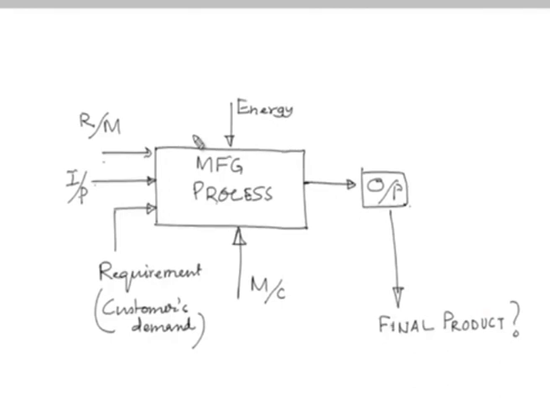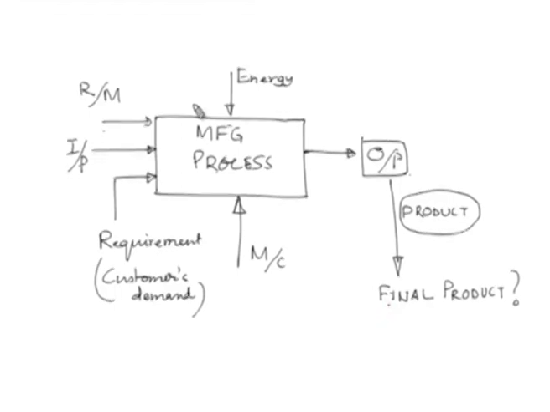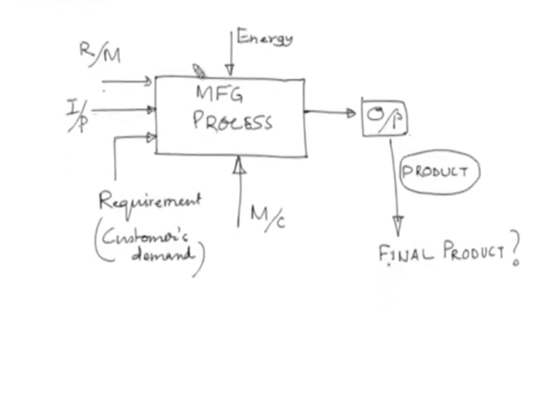The product we are getting as output, as I spoke about a few minutes back, is no doubt a product, maybe tangible, maybe intangible, it does not matter. But at this stage I should make it clear that this product is not necessarily a final product.